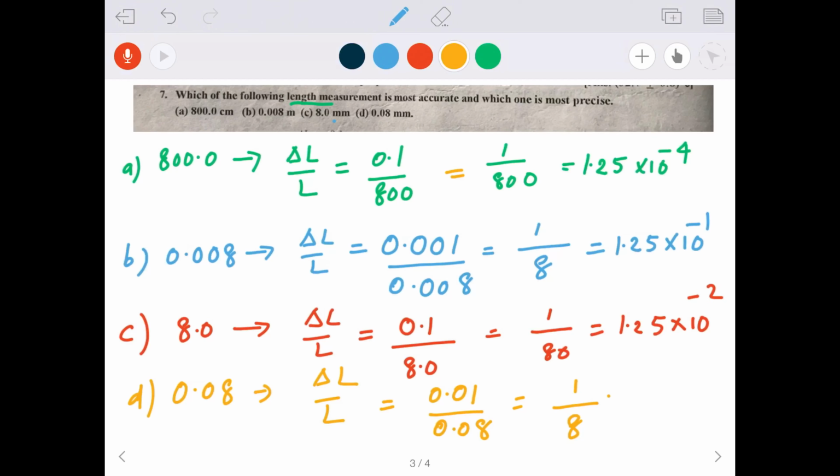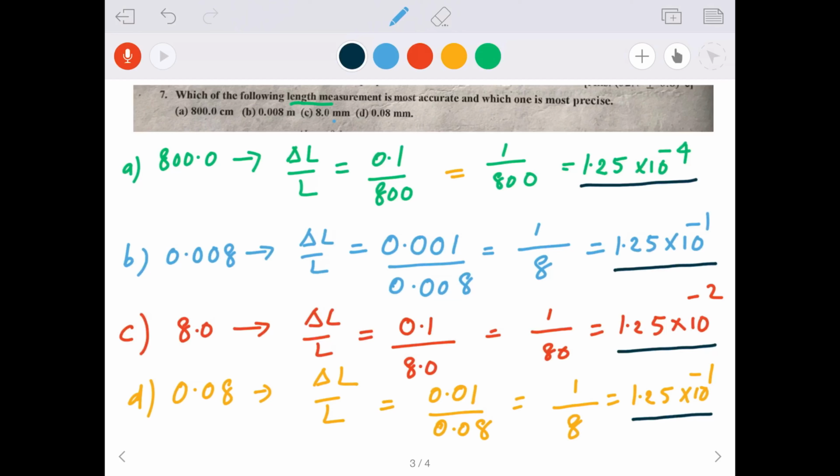And similarly here it will be 1 by 8, which is similar to the second, 1.25 into 10 raised to minus 1 will be coming. Okay, now we will compare all these quantities: 1.25 into 10 raised to minus 4, 1.25 into 10 raised to minus 1, 1.25 into 10 raised to minus 2, 1.25 into 10 raised to minus 1. These two quantities B and D are the same quantity, so you don't need to worry about them.